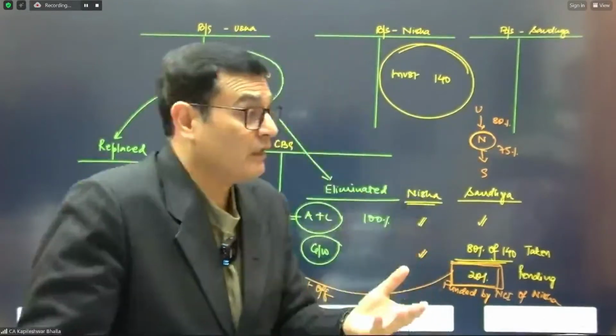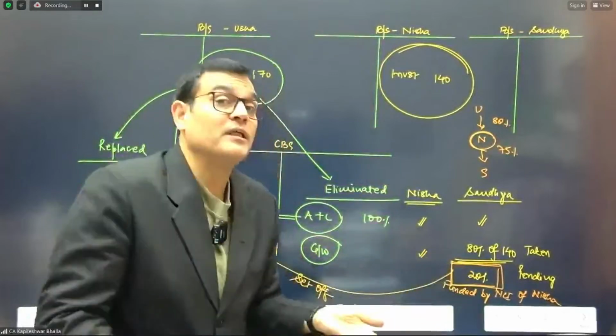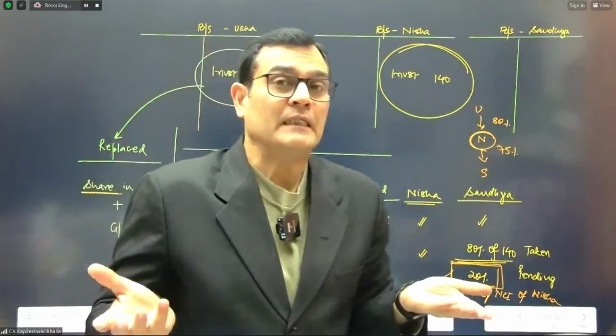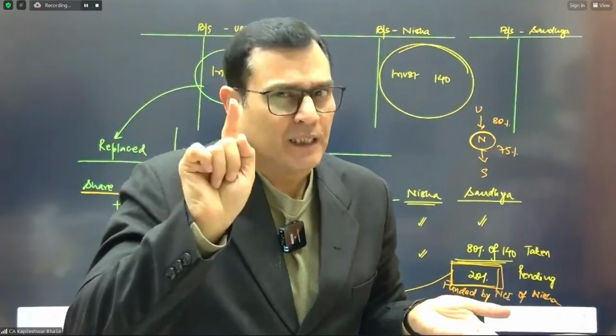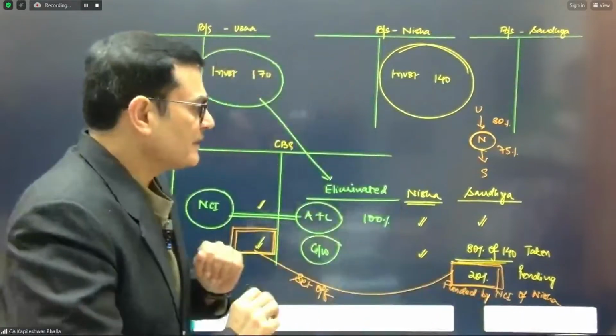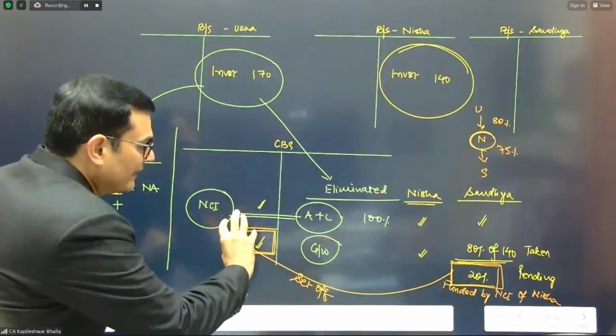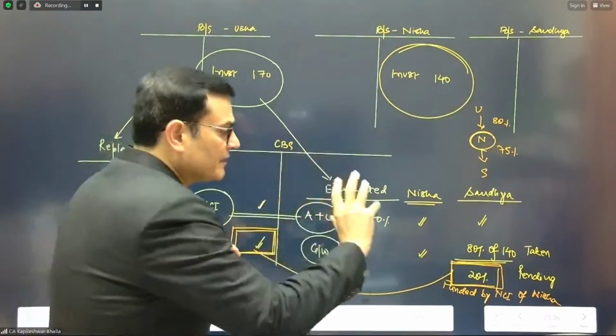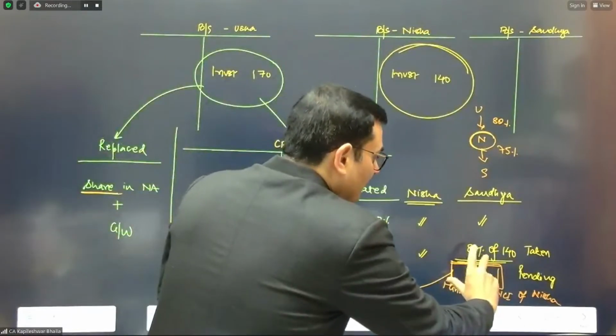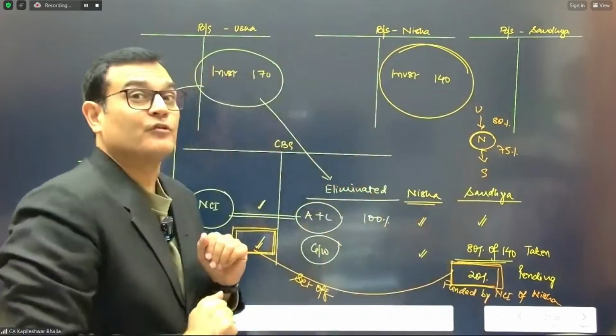Please put the question to yourself. This 20% is to be recovered from whom? This money was invested by the NCI of Nisha, right? On one side, you are reflecting NCI payable to Nisha, and on the other side, you're reflecting money recoverable from the NCI of Nisha.